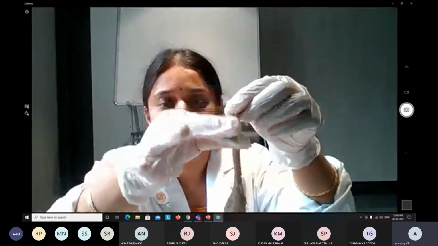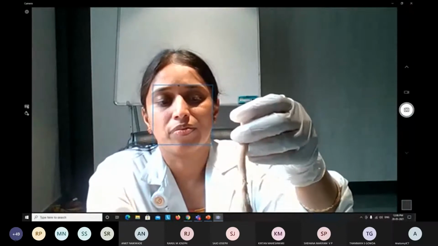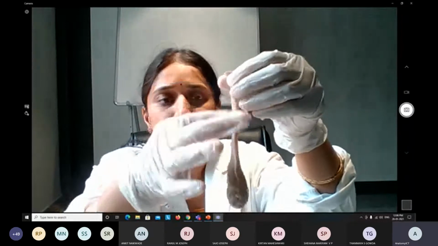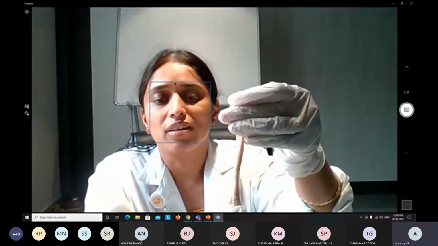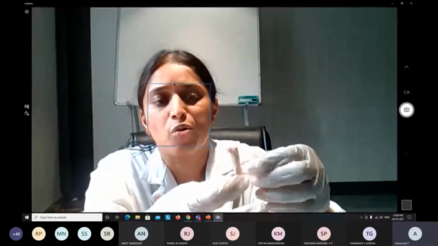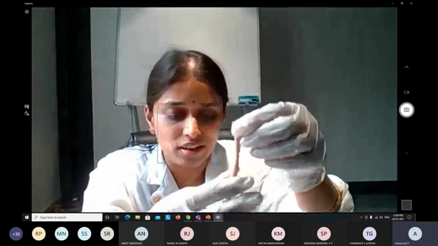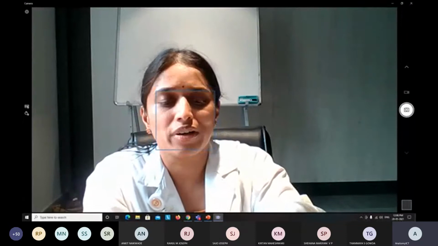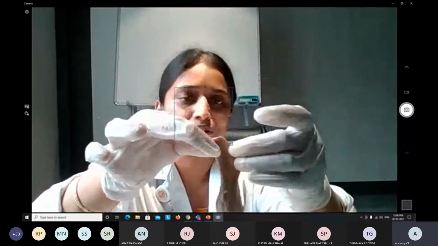This is the spermatic cord. The spermatic cord has 3 coverings from outside to inside. I may not be so clear with these fascias, so as much as I can show, I will demonstrate here.